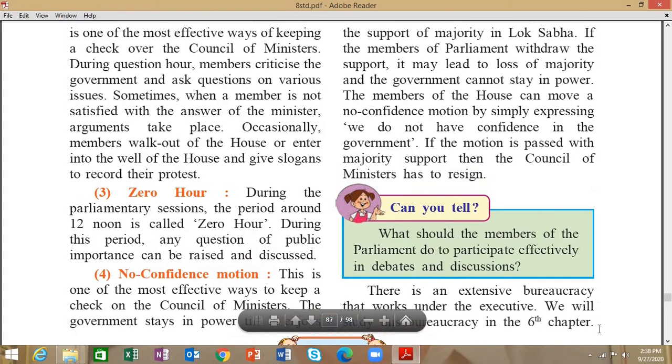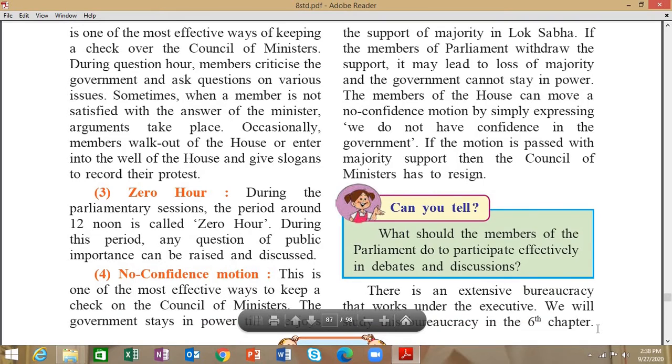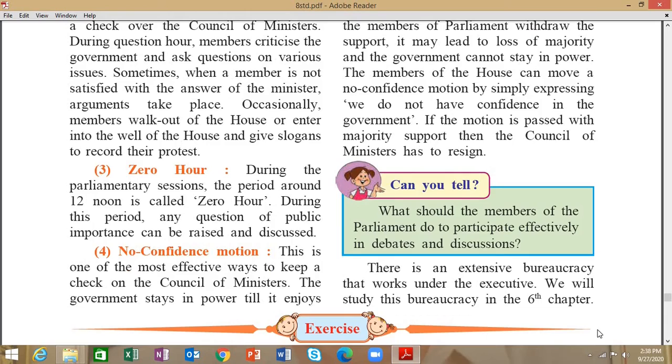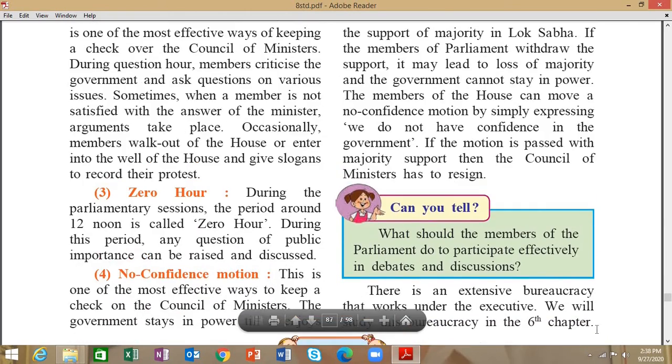Thus, I would like to conclude the lesson by saying that whether it is President, whether it's the Prime Minister, whether it's the Council of Ministers, they stay in office till they enjoy the confidence.